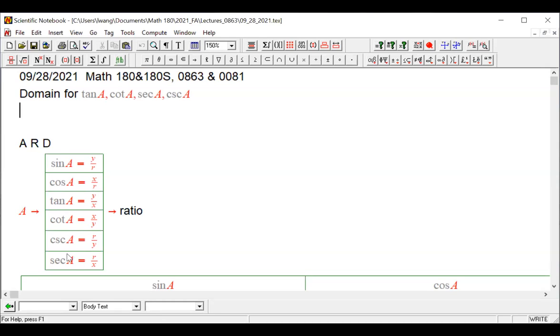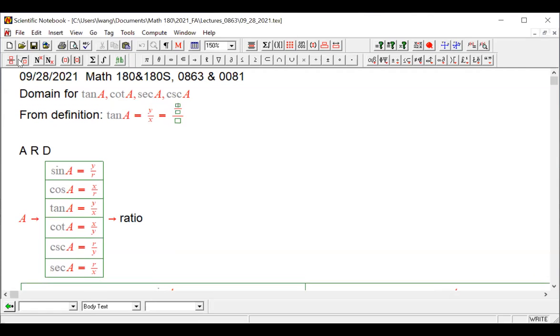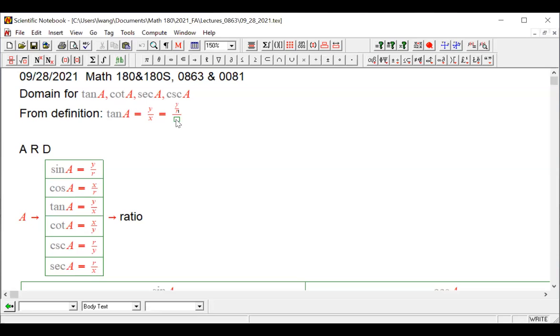From definition, what have we discovered? Tangent A equals what? Y over X, right? Doesn't this also equal Y over R divided by X over R?